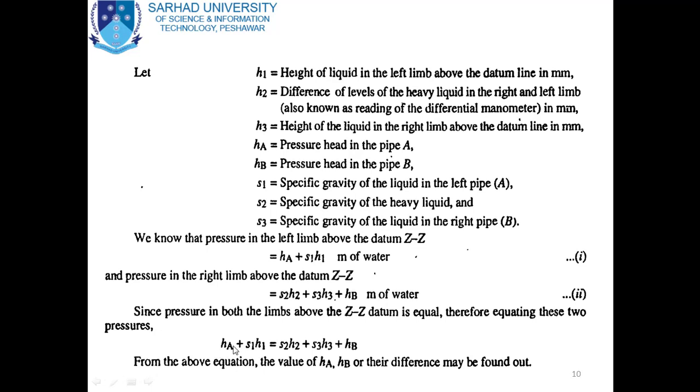This is the final equation. You can find the value of HA, or if you want to find the value of HB, also you can find the difference between these 2 points HA and HB. So this is the final equation of the differential manometer if the liquids in the two pipes are different and the pipes are at different levels.